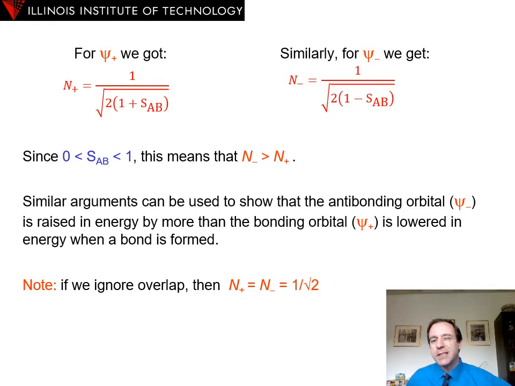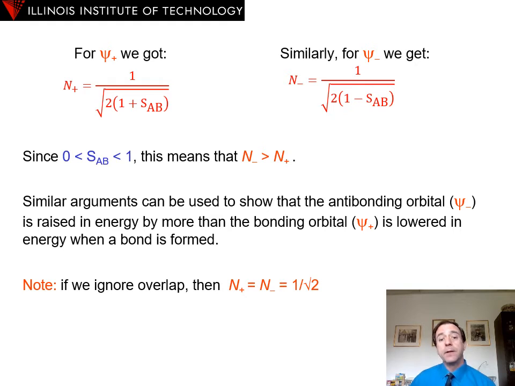S sub AB, that is this overlap integral, is going to have some value between 0 and 1, which means that when we go through this, we'll see that the normalization constant for the antibonding orbital is always going to be greater than the normalization constant for the bonding orbital.